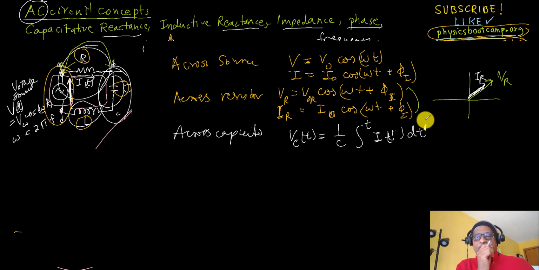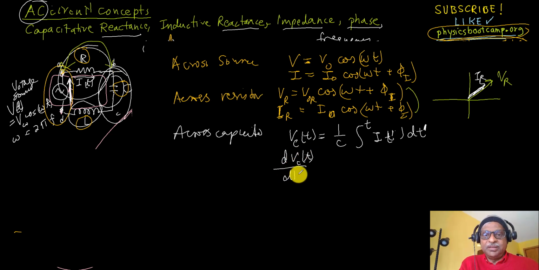So you can see that if I take a derivative of this, dVC/dt is just 1 over C times I of t. To simplify, I'm going to call this the current through the capacitor. This is going through the capacitor.